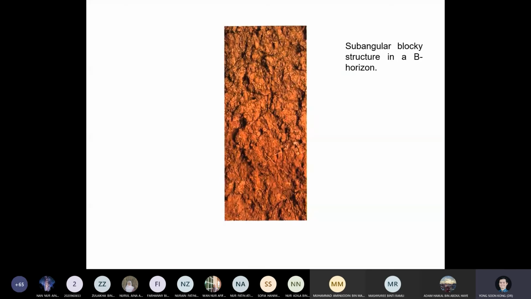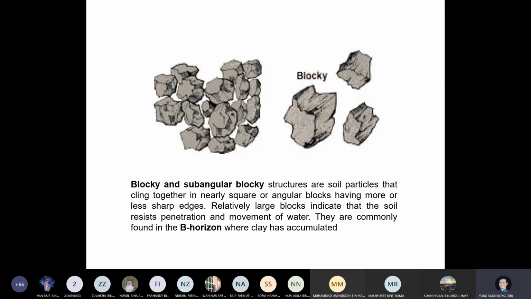So this is an example of the subangular blocky structure in the B horizon. It doesn't look too blocky to me, because the lines between all these blocks are not too apparent. But if we convert it into a diagram, you can see what we call the subangular blocky structure.